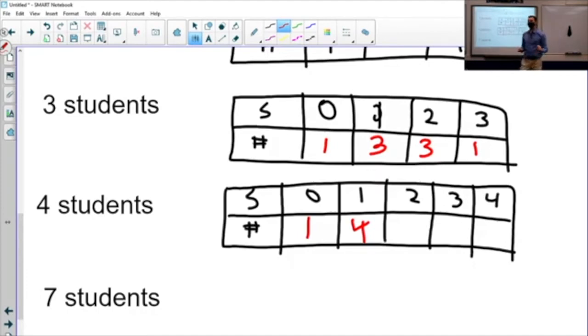I think the most efficient method to start counting is to say, we're going to start by looking at all the ways that I could pair Sam with somebody. So we have 1, we have 2, we have 3. So now I've covered all the cases with Sam in the group.